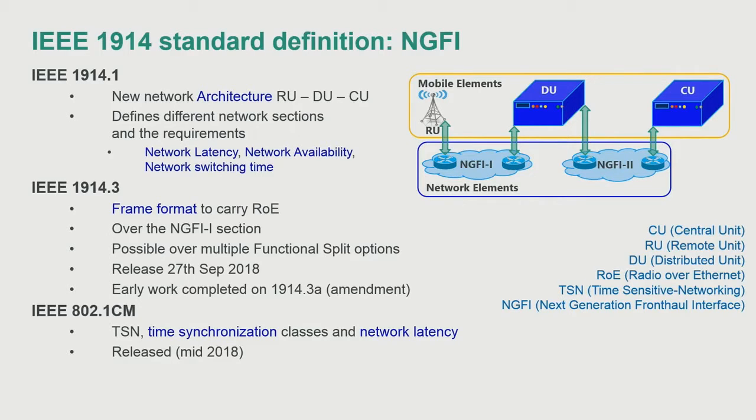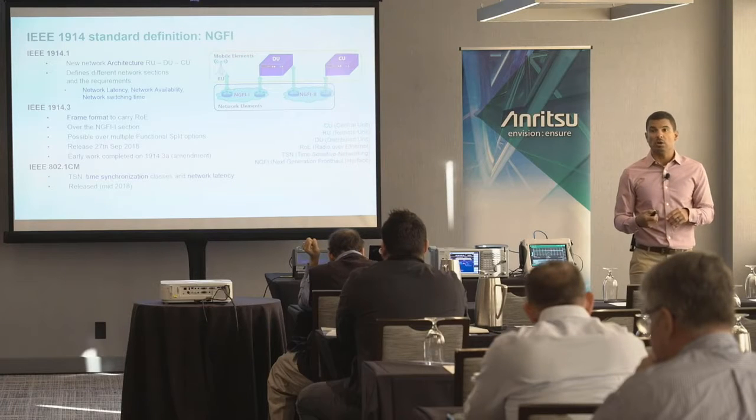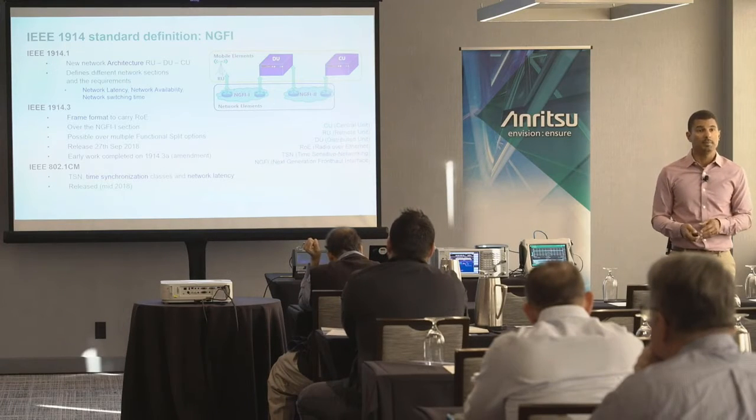You'll see here, instead of calling it a baseband unit, they broke the functions up into 2 different applications. The DU, which is the distributed unit, is where you're terminating your RF data, your IQ. And then the CU, the central unit, is where it's sending out and distributing your IP data, your user data.